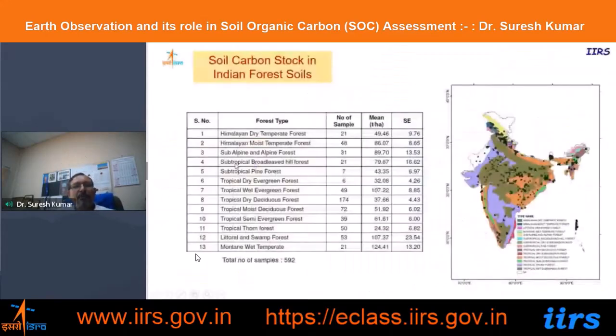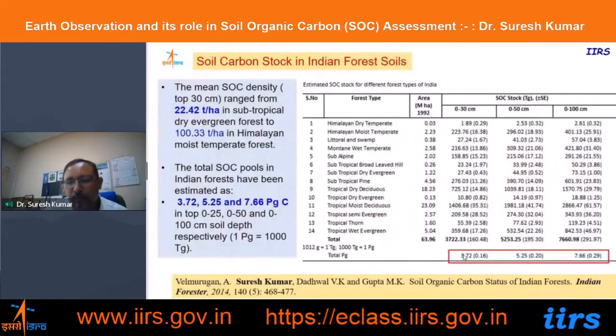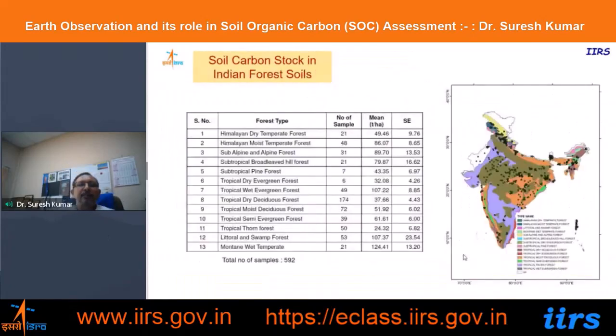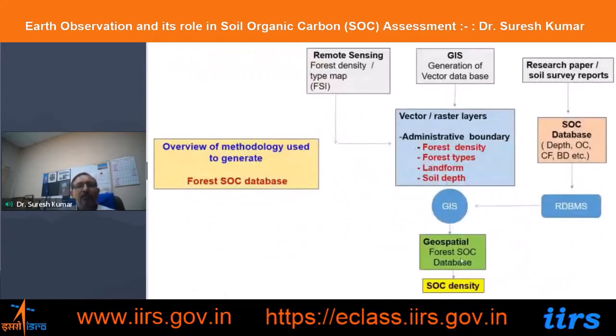And now I am showing you one study we did on the soil carbon stock in forest soils. This is the Indian forest map, where in our project we had to find out how much soil carbon stock is present in the Indian forest. From remote sensing data, FSI, Forest Survey of India, has prepared the forest density map.